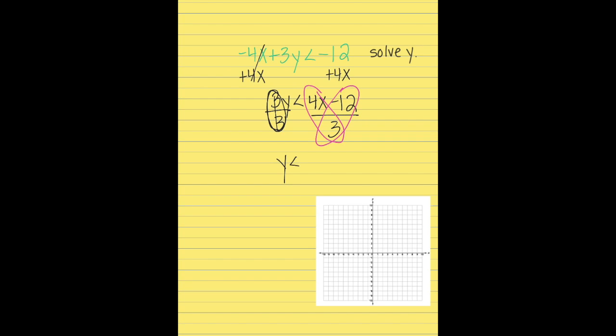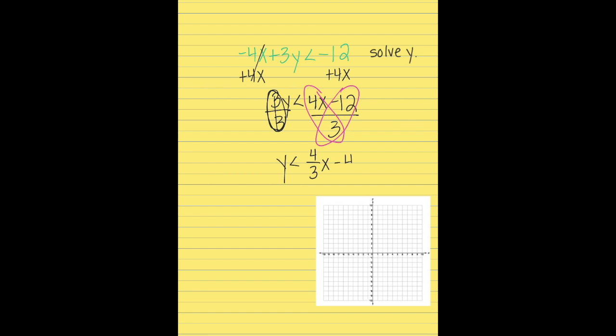All right, so 4 divided by 3, we're going to leave it as a fraction, 4 over 3x. Why do I want to leave it as a fraction? Well, if you're going to do the slope, you want to have a rise and a run. All right, then -12 divided by 3. What's -12 divided by 3? -4.